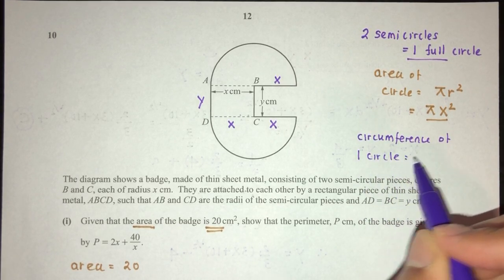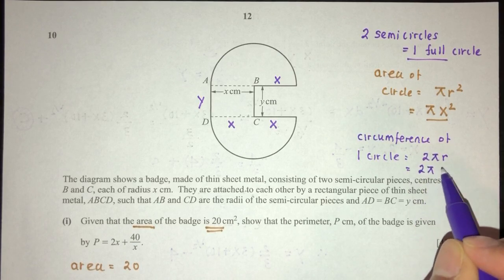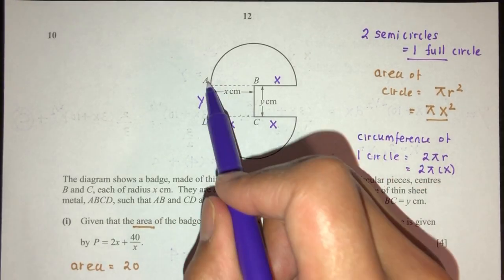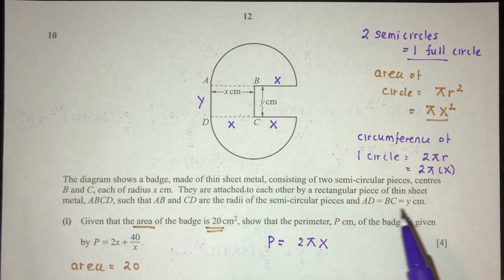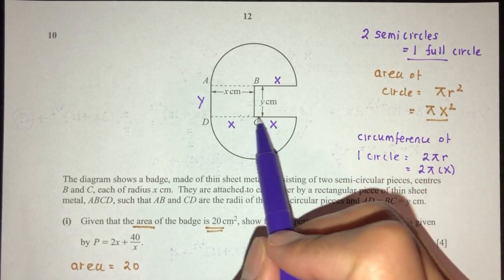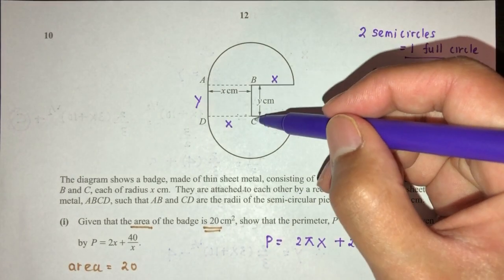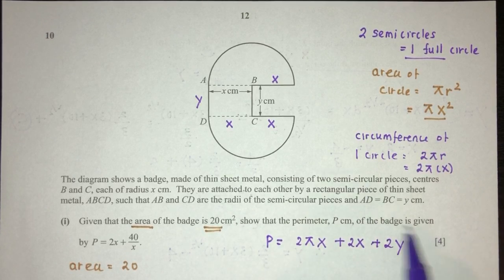It is given by the formula 2 pi r, which is 2 pi x. So this length plus this length will be 2 pi x. Then we add these two, that will be plus 2x. And then we add these two, plus 2y. That is your perimeter P.